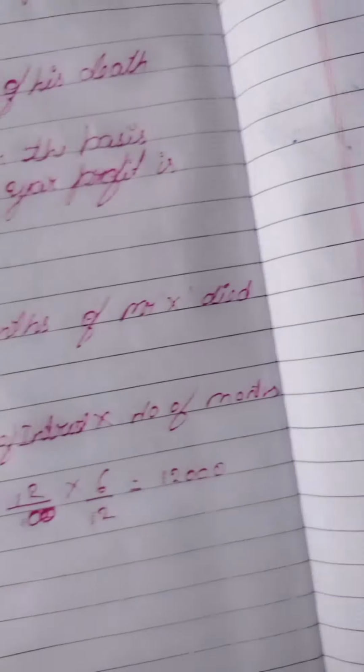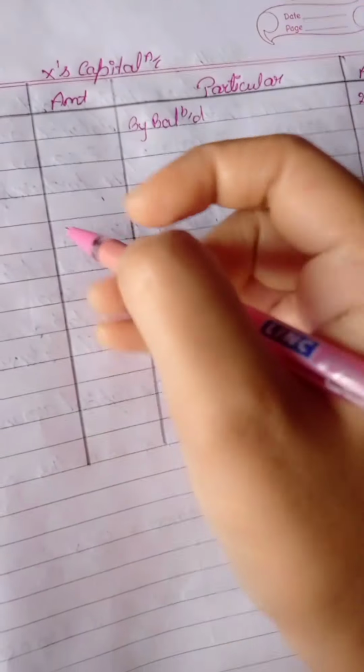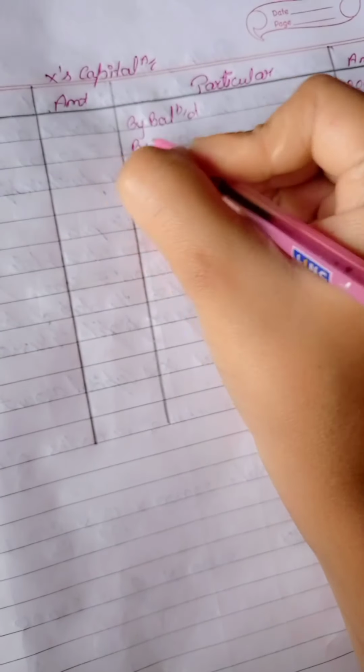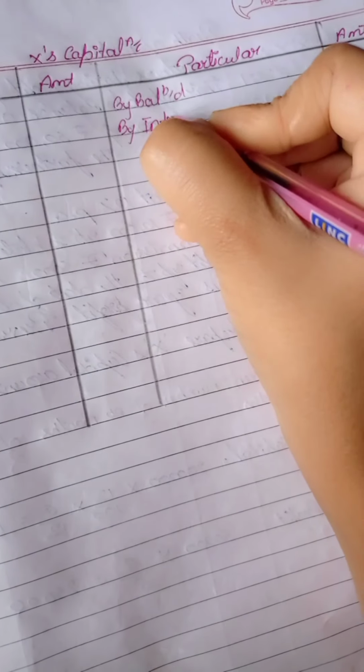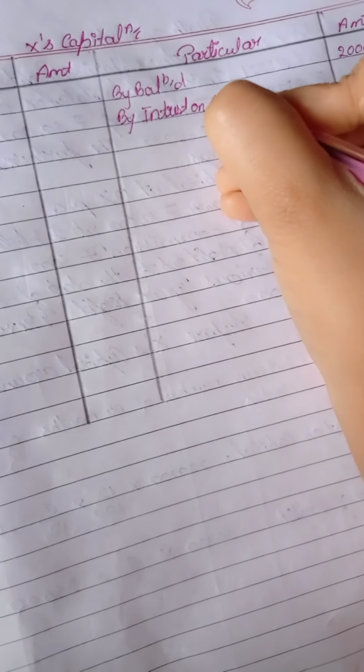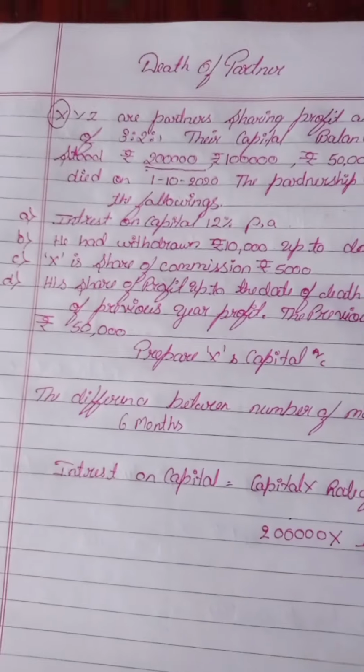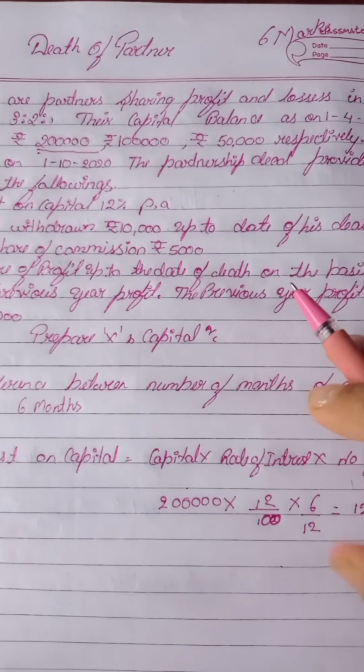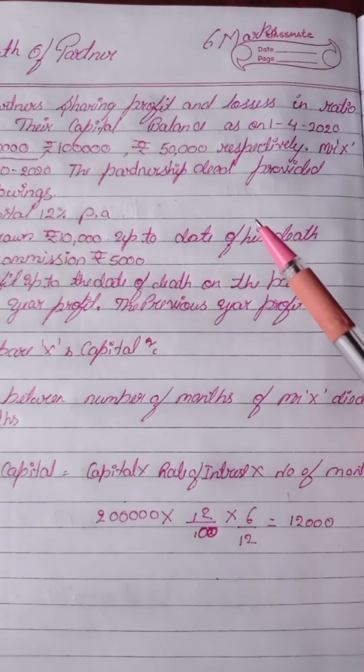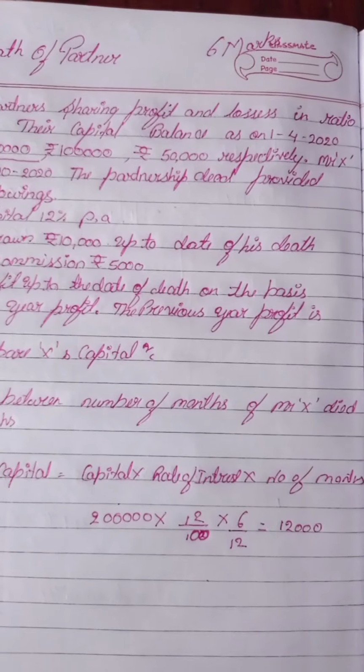This amount you write on the credit side of the X capital account: by interest on capital, 12,000 in the amount column. Next adjustment, he had withdrawn 10,000 up to the date of his death, so we have to minus it from his account.